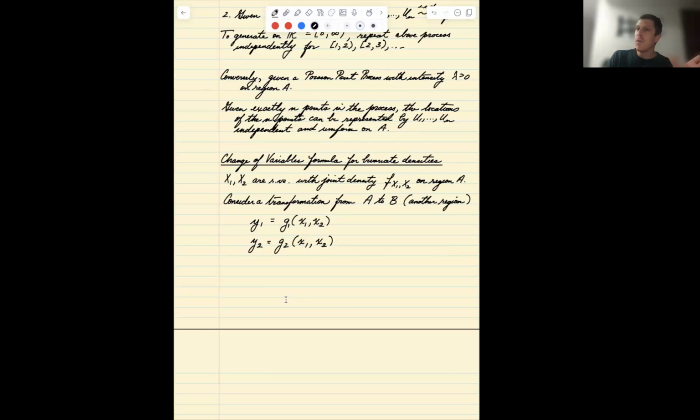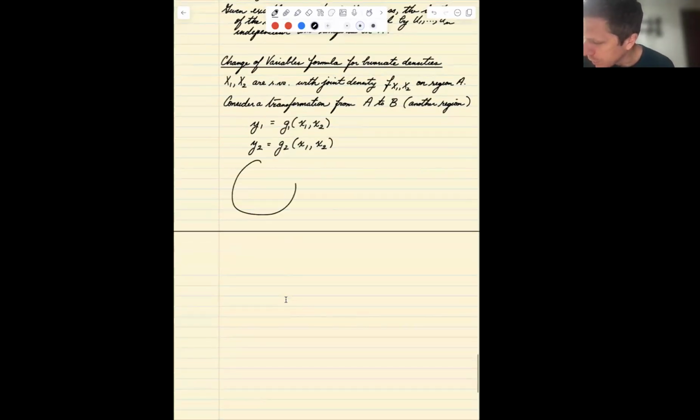So y1 and y2 are going to be random variables, just like x1 and x2 were, but y1 is going to be a function of x1 and x2. Y2 is going to be a function of x1 and x2. So one thing to realize here is that even if x1 and x2 are independent, it's possible that y1 and y2 won't be. So just to be clear what's going on here, we'll call this the region A. Within A, there's a point x1, x2, and there's a function g, which is just the pair g1, g2.